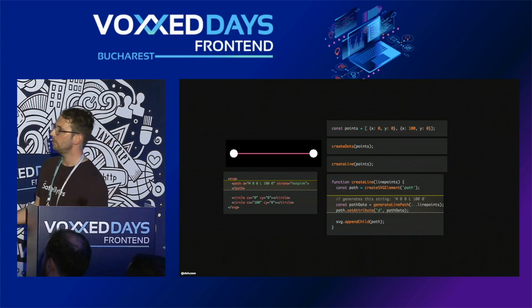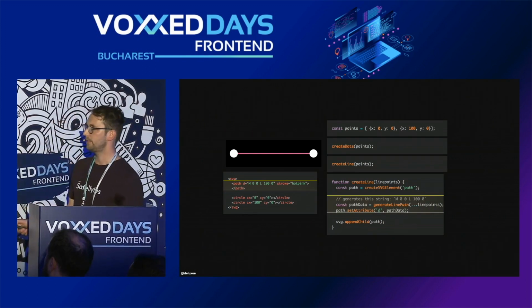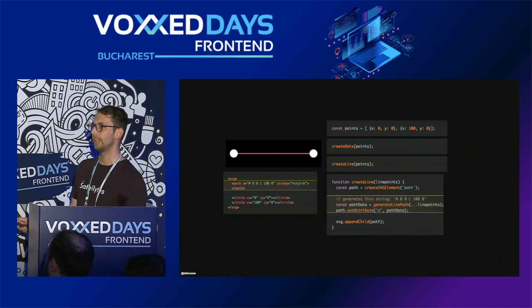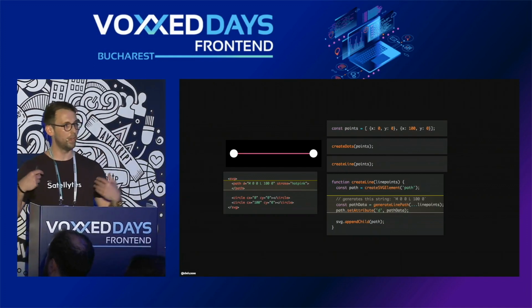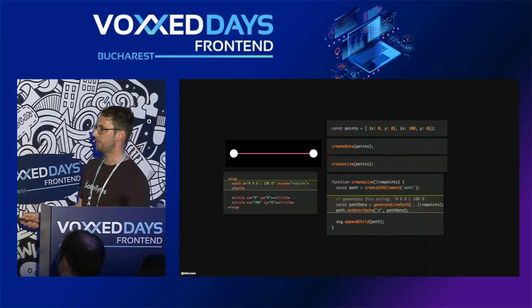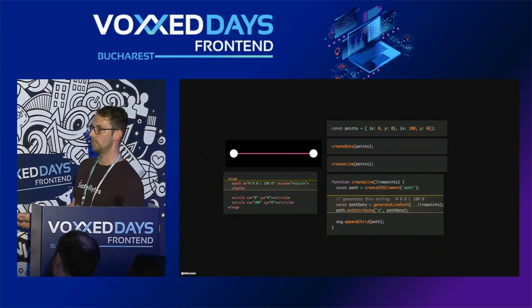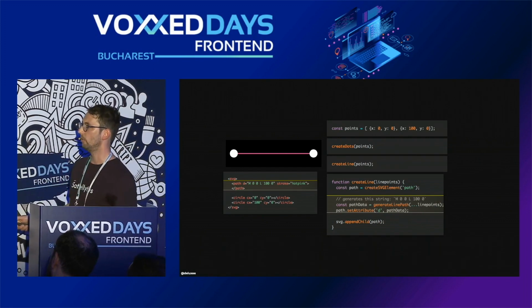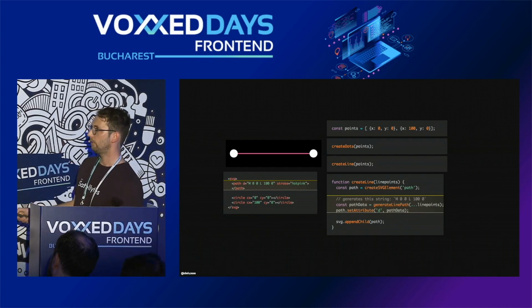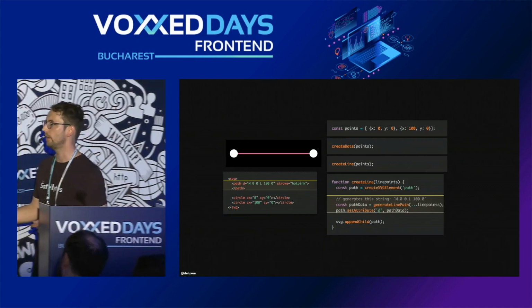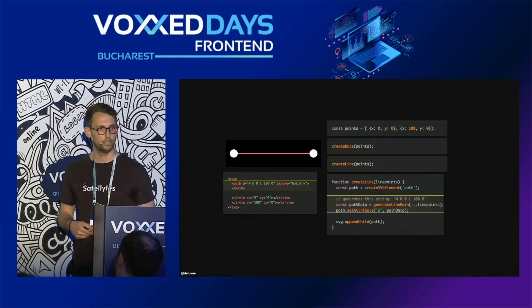That's the interesting part in the createLine function, because we receive a list of points and, with a custom function, generateLinePath, that I wrote, we create that magic string here. If it's magic to you, it basically means move to 0, 0 in this example, line to 100, 0, and so on. This function will take whatever points you give and transform them into that magic string, so we can assign it to our path data attribute.